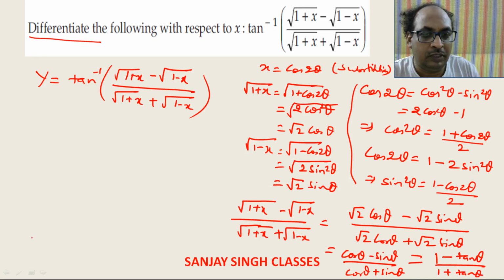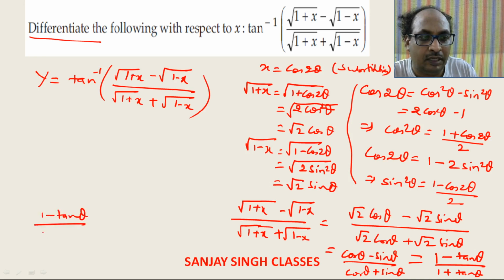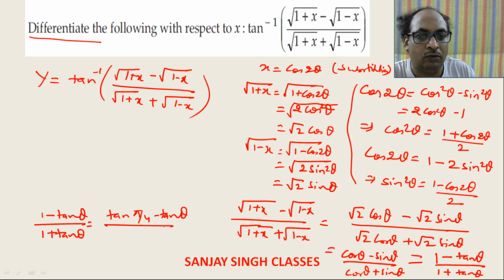Now this 1 minus tan theta divided by 1 plus tan theta, we can write as tan pi by 4 minus tan theta, divided by 1 plus tan pi by 4 tan theta, because tan pi by 4 is equal to 1. So what is it?